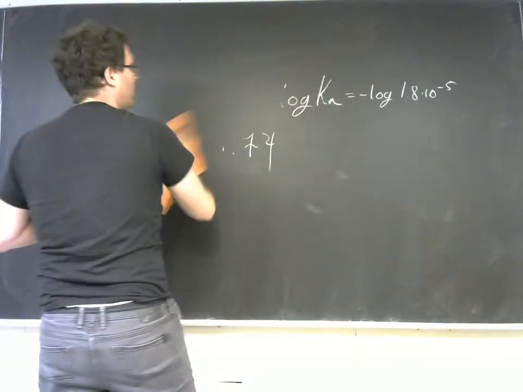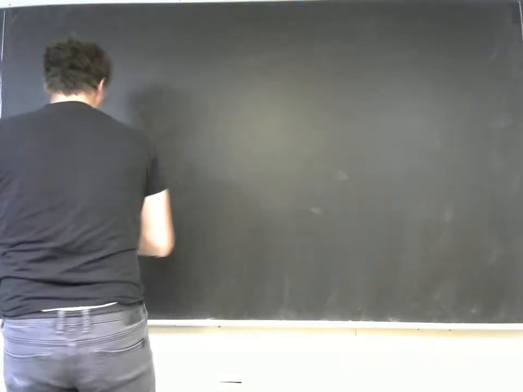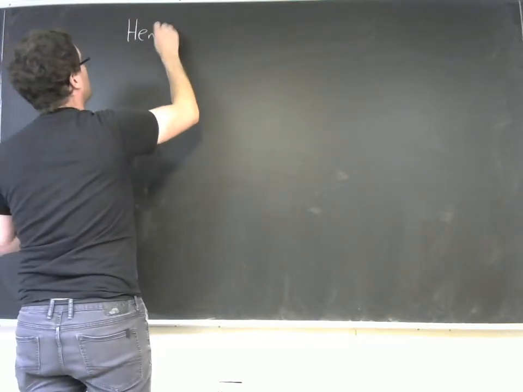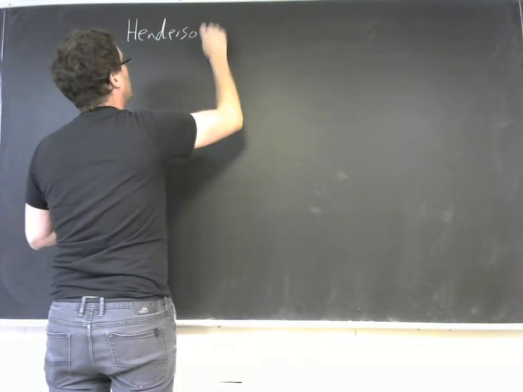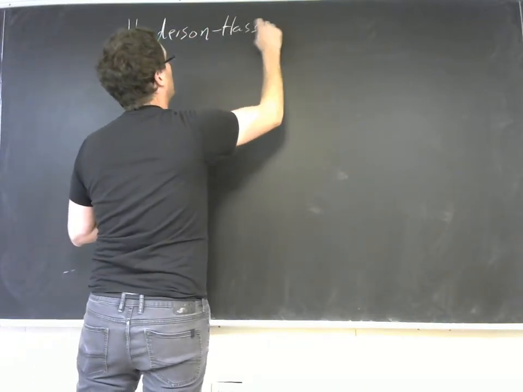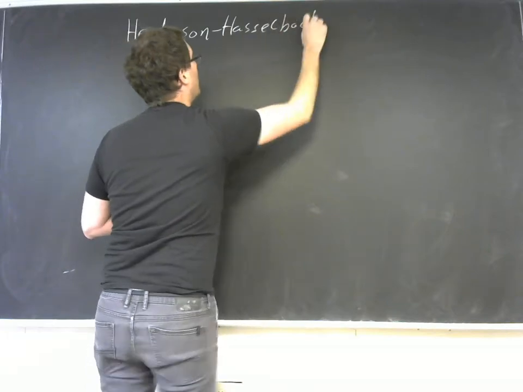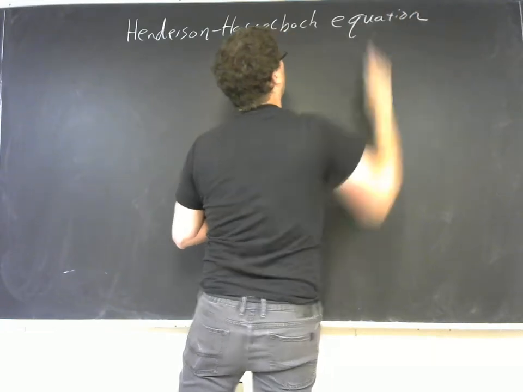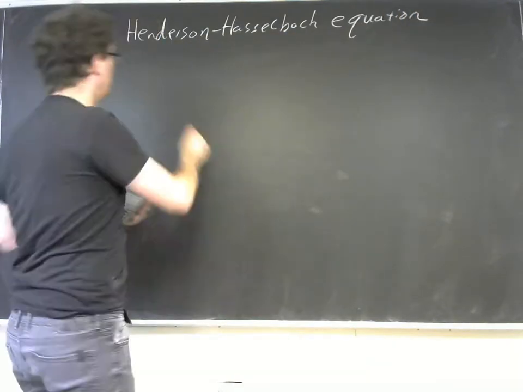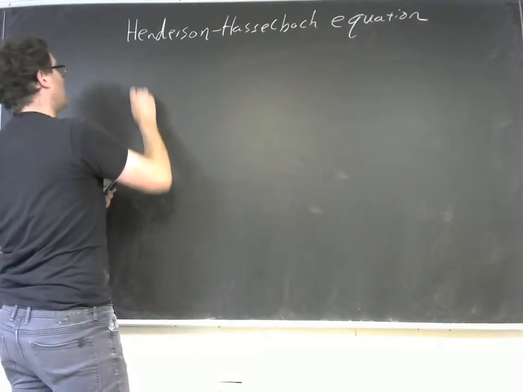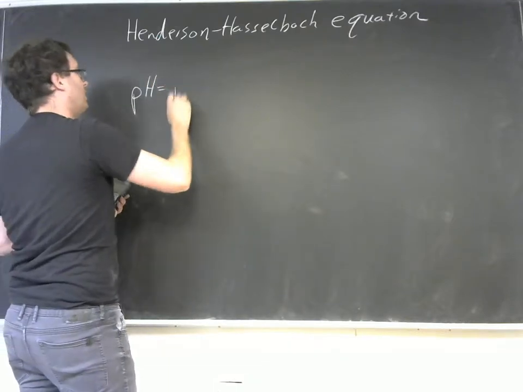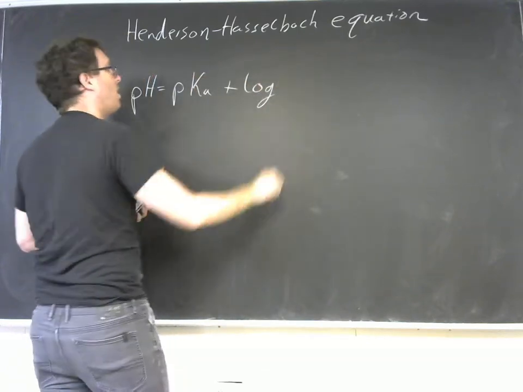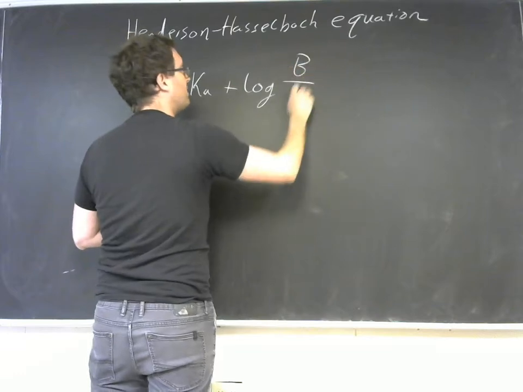Now I'm going to give you one last really important equation here for the day. This is the Henderson-Hasselbalch equation. Okay, so the Henderson-Hasselbalch equation says that for a buffer solution, the pH is equal to the pKa plus the log of the amount of base over acid.